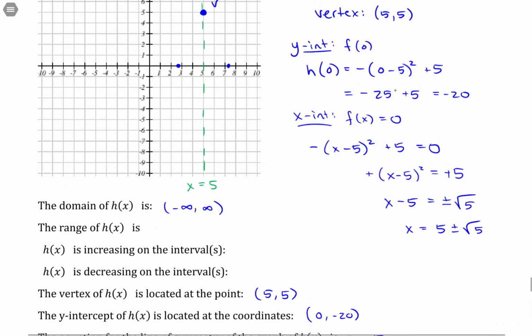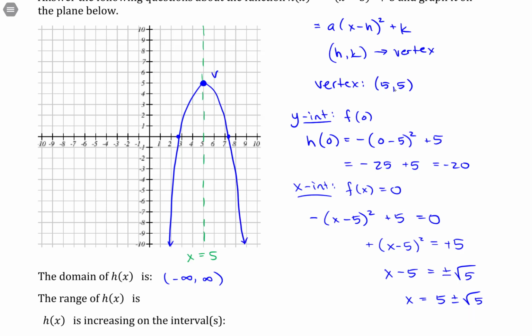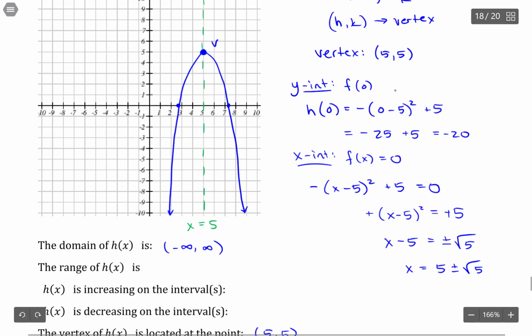Okay, now we can see here that the parabola is going through these points. So we can get a pretty decent sketch of this parabola at this point because we have a couple of points to work with. All right, so there's my parabola. And now I can go back and start answering questions like the range.